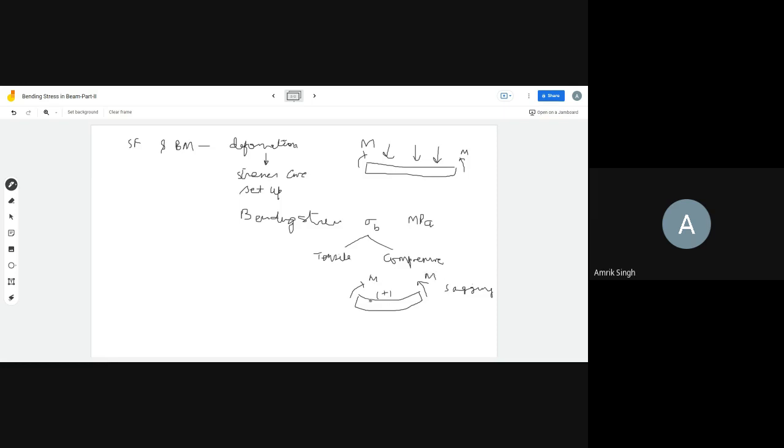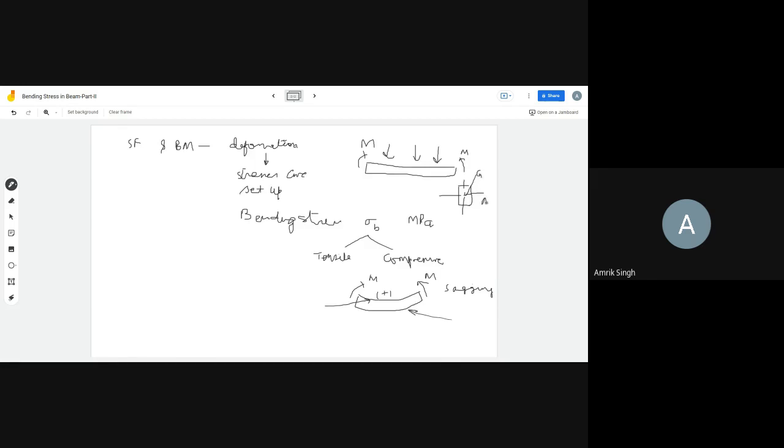So these are the upper layers, and this is the lower layer. Suppose this is a rectangular section, it will have a neutral layer or the neutral axis, which we have learnt in the previous class, how to determine this centroid.